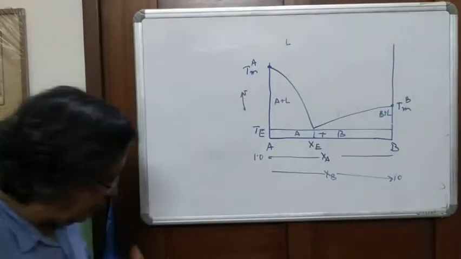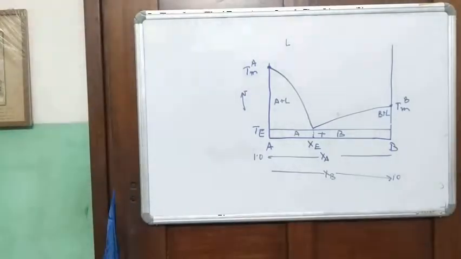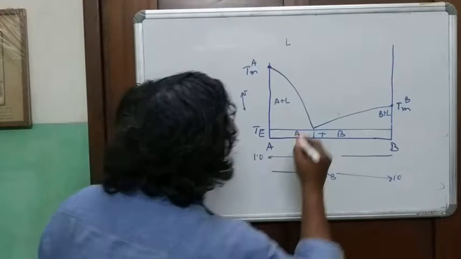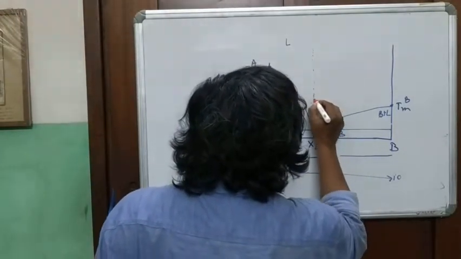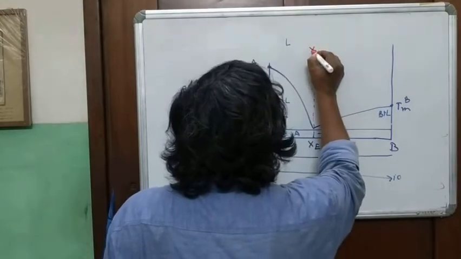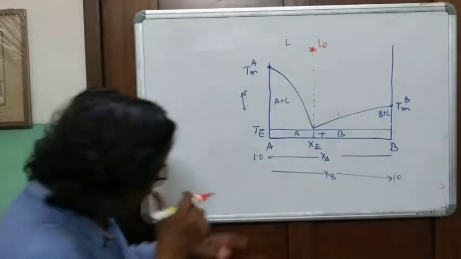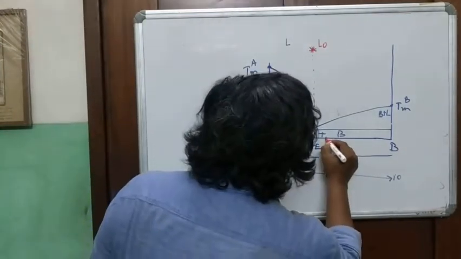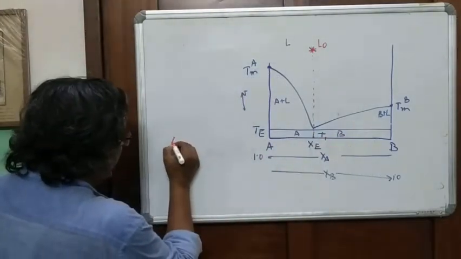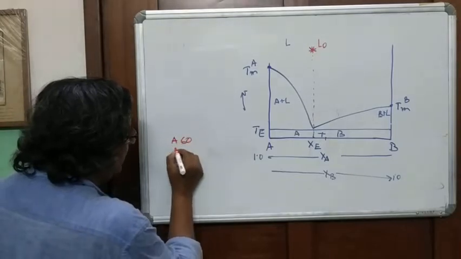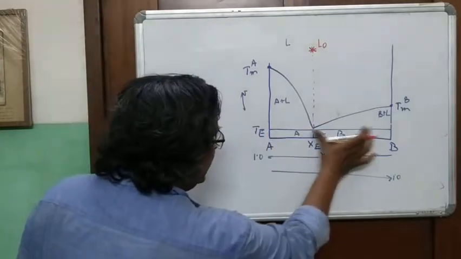Now, let's say we take a melt composition right above this eutectic. Let's say we take a composition L0. If you look at this, this will be around A60 and B40, possibly B40 and A60.